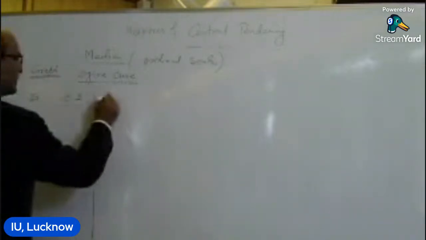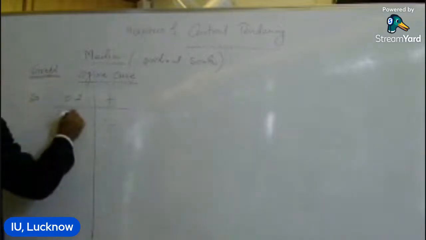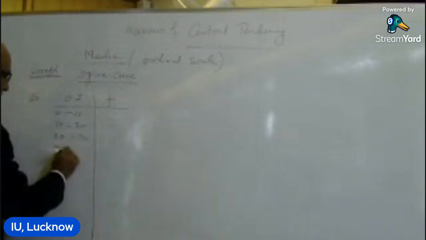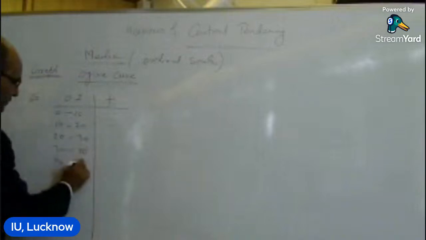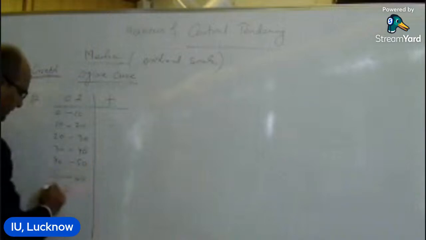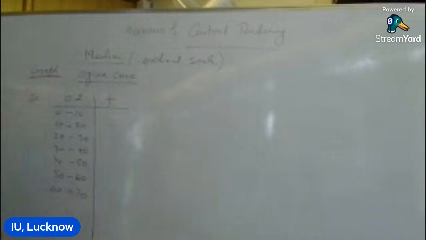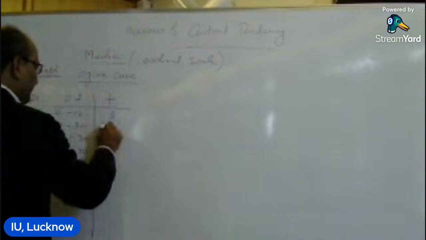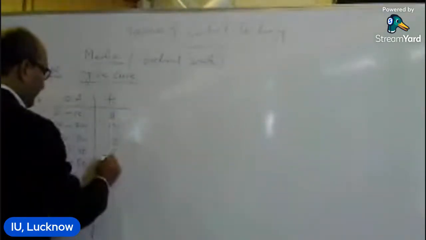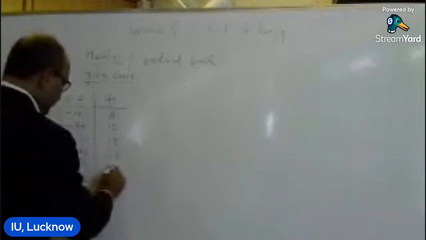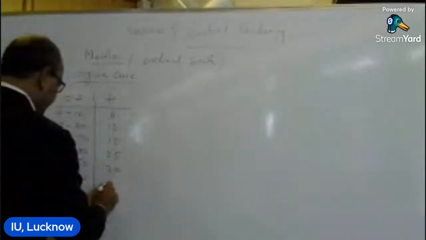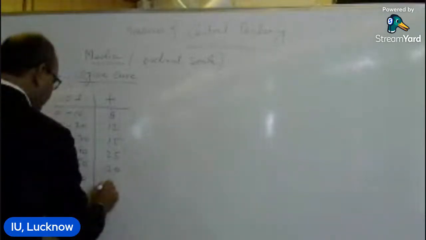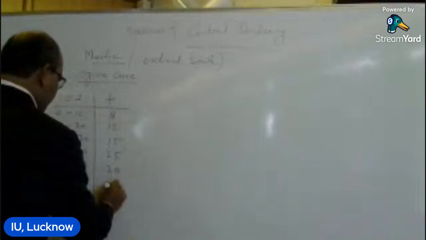class interval and frequency: 0 to 10, 10 to 20, 20 to 30, 30 to 40, 40 to 50, 50 to 60, 60 to 70, and the frequencies are 8, 12, 15, 25, 20, 10, 5, like this.